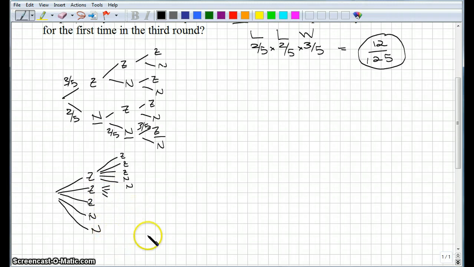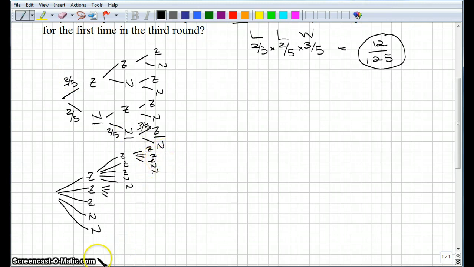But you can see though, on the third round we'd have 3 ways that Zoe could win, and 2 ways that Nick could win. All right. So Zoe, Zoe, Zoe, and then Nick and Nick. All right.